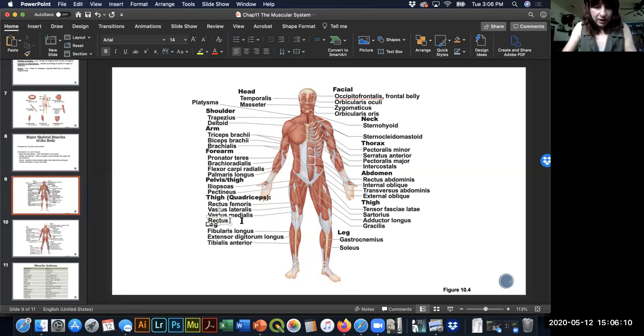It is the vastus intermedius, if I'm not terribly mistaken.